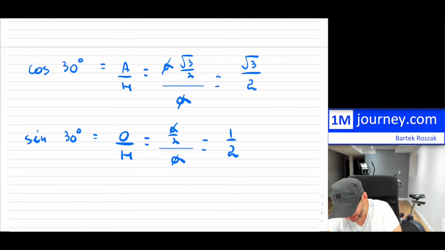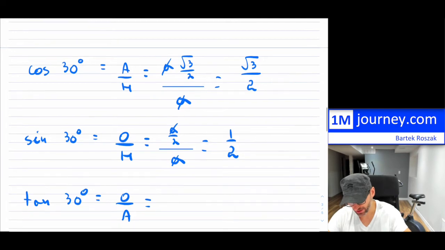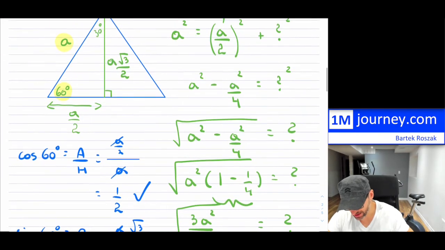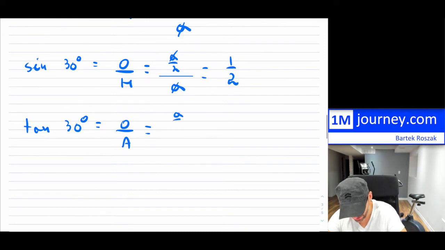And then my tangent of 30 is equal to opposite over adjacent. In this case, opposite is a over 2, divided by my adjacent side, a square root of 3 over 2.